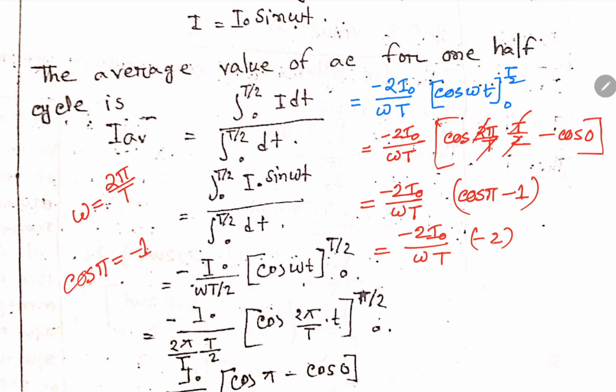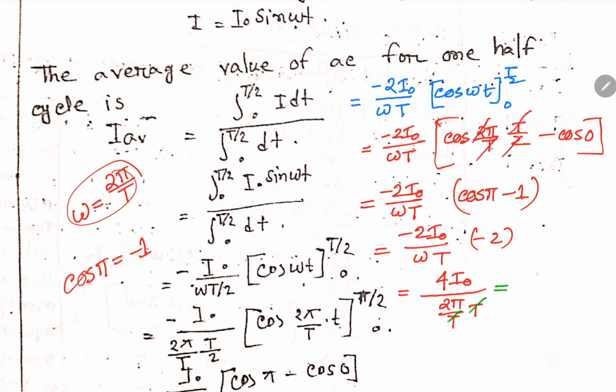So minus times minus is basically plus 4 I naught divided by omega times t. Remember guys, omega is nothing but 2 pi by t, right? It is 2 pi by t. So my t cancel each other out.